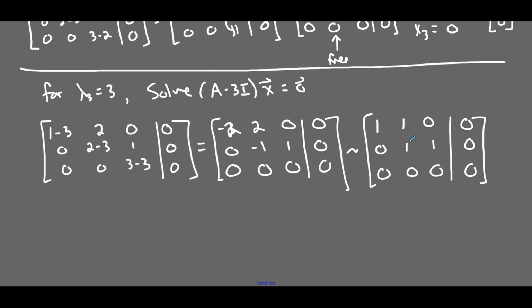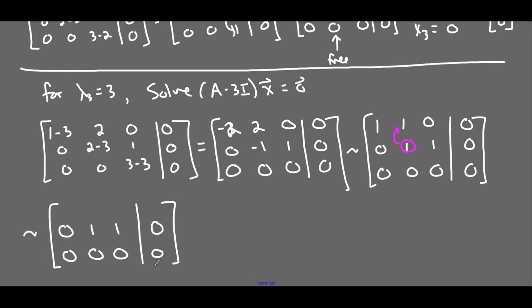I need to take this 1 and eliminate that 1. So what I need to do is take row 1 and subtract row 2. So I still have the row of zeros at the bottom. I'm not changing row 2. And row 1, I'm just going to subtract row 2.